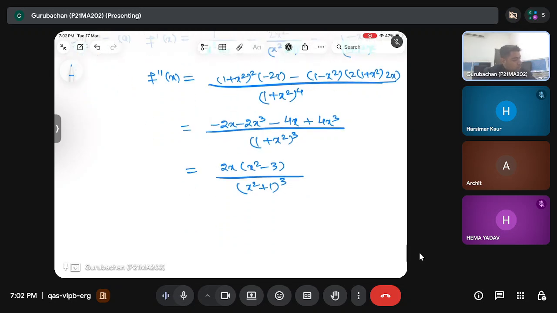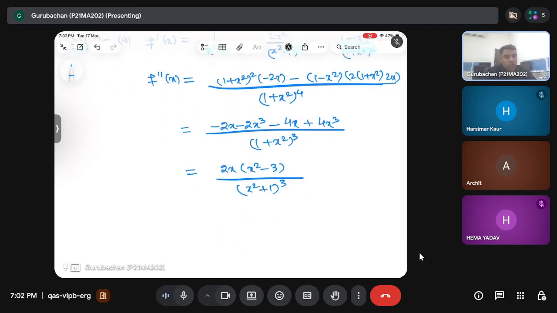Okay. So now we need to check the concavity up. For concave up, we put this greater than 0. You may directly check when this sign is changing. First of all, can this denominator ever be 0? No, sir. It is always greater than 1.